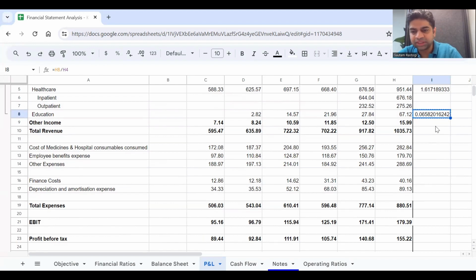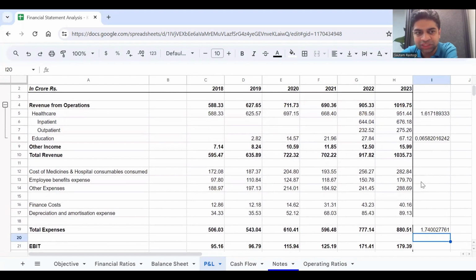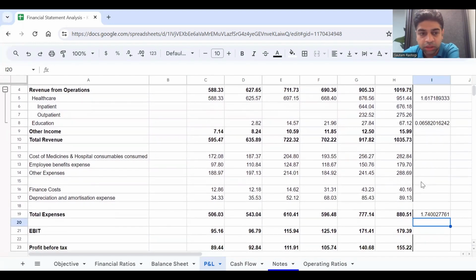Let's see how much this has increased. Earnings before interest and tax has increased around 1.9 times, so slightly more than the revenue. That means they have become more profitable over the last 5-6 years.